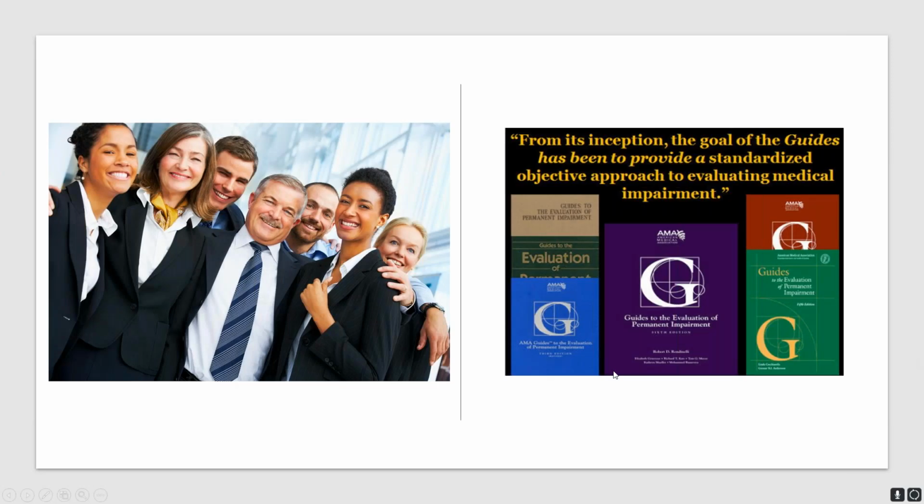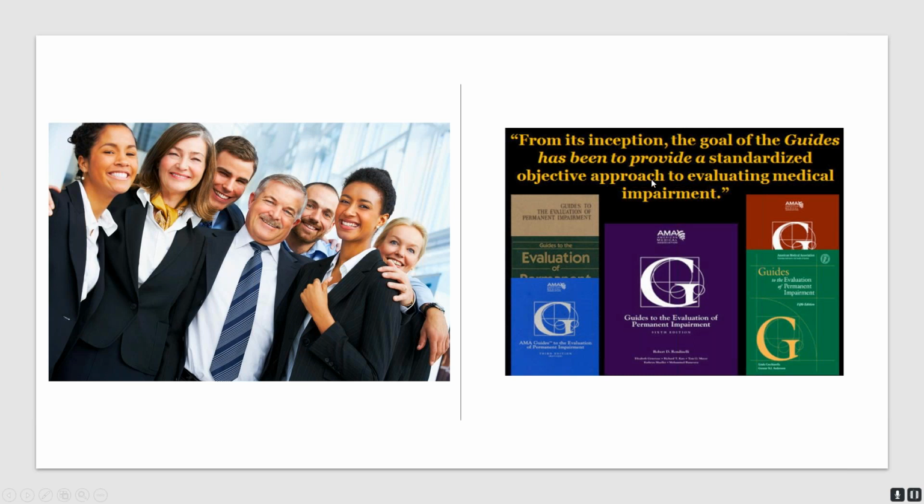So when we're looking at impairment rating, this helps attorneys and anybody that's helping or assisting to adjudicate benefits. That's what impairment rating was set up to do. From its inception, the goals of the guides have been to provide a standardized, objective, and what does that mean?